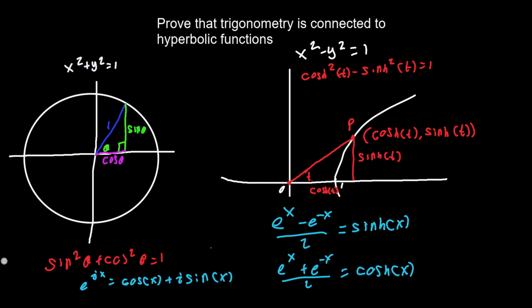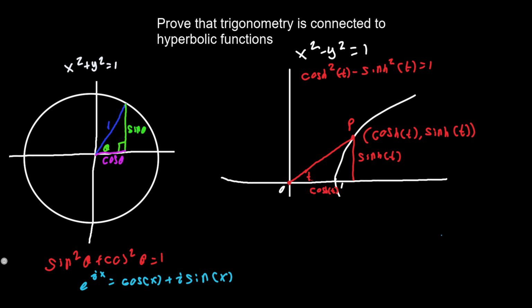And solving for e to the x in these equations, we're going to have that e to the x is equal to cosh of x plus sinh of x.